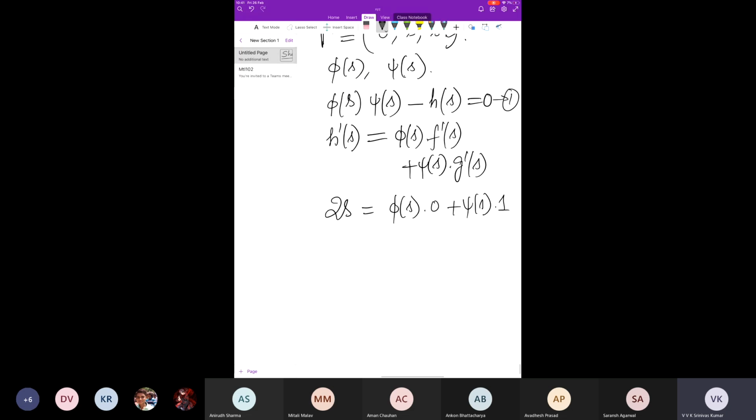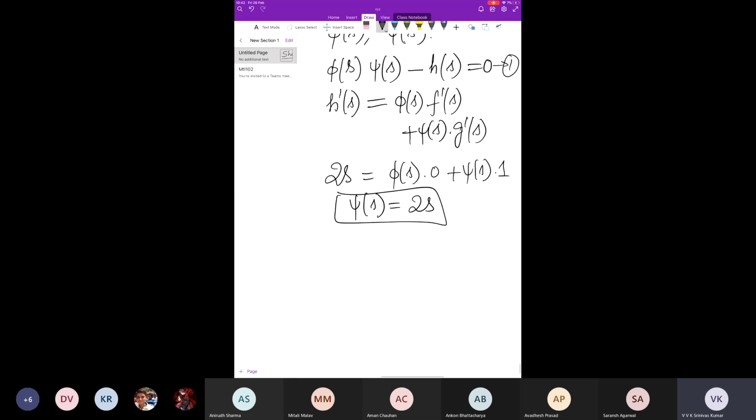So from here, what we get is psi s is equal to 2s, and put this psi s here. So phi s from 1 is equal to hs, which is s square. So this is equal to s by 2.